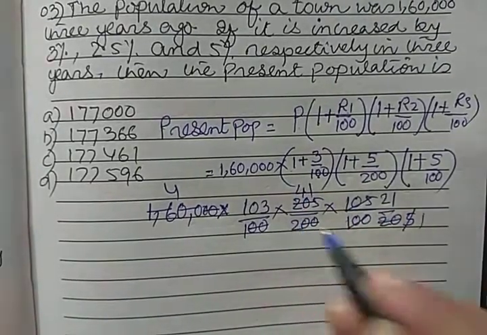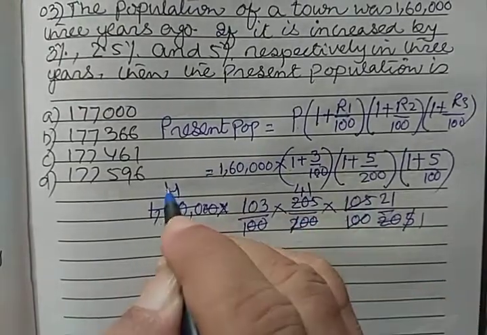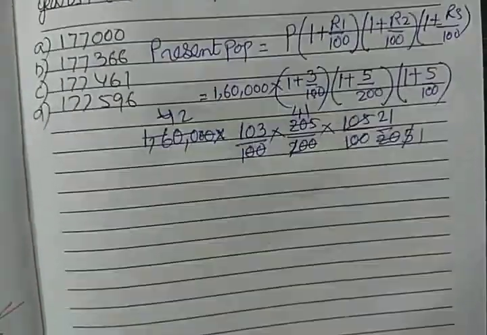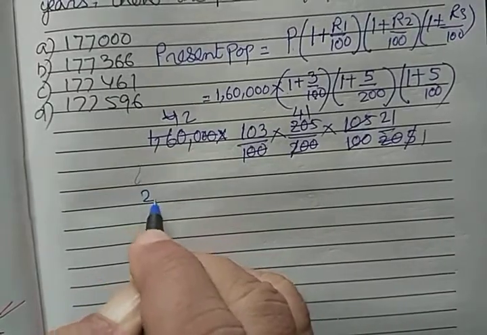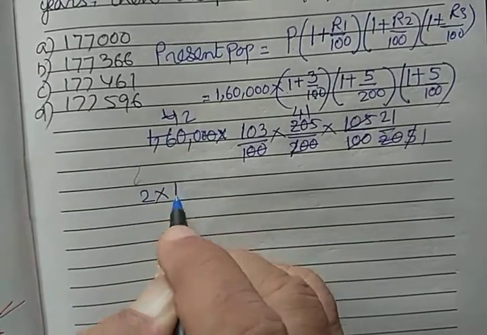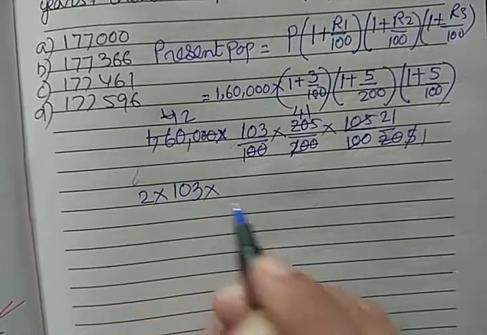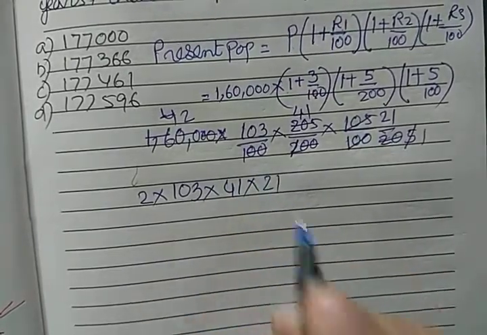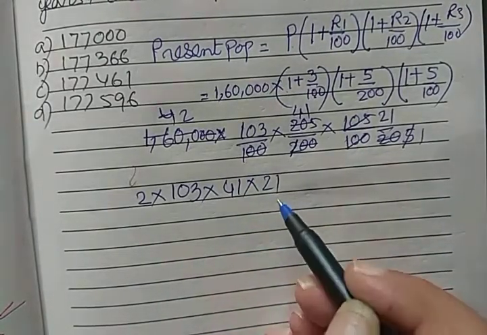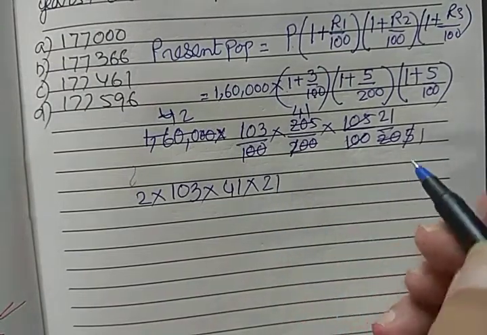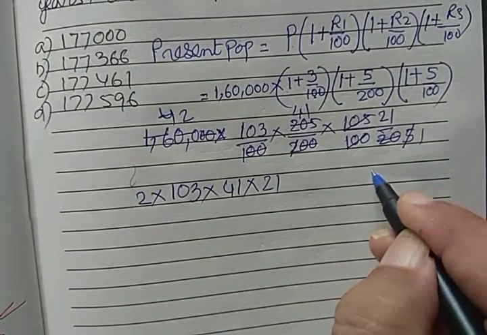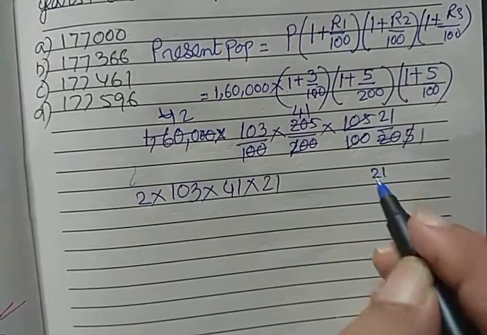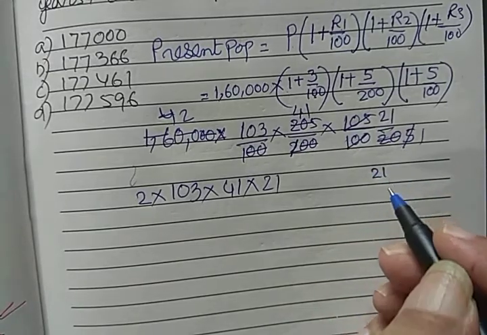Here 2 is left. 2 1 ja, 2 2 ja. So what is left? 2 into 103 into 41 into 21. 21 times 41 is 861.